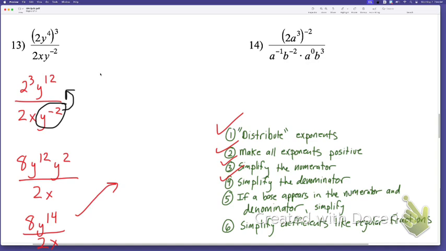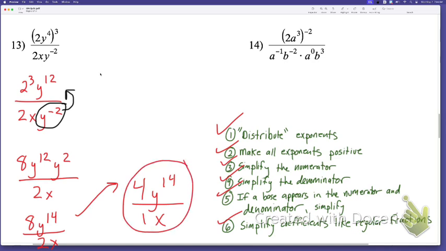Okay, no, we have a y in the numerator and x in the denominator. So the only other thing we have to do is simplify coefficients like regular fractions. So 8 over 2 would simplify to 4 over 1. And in the final answer, we don't write 1x, we just write x.